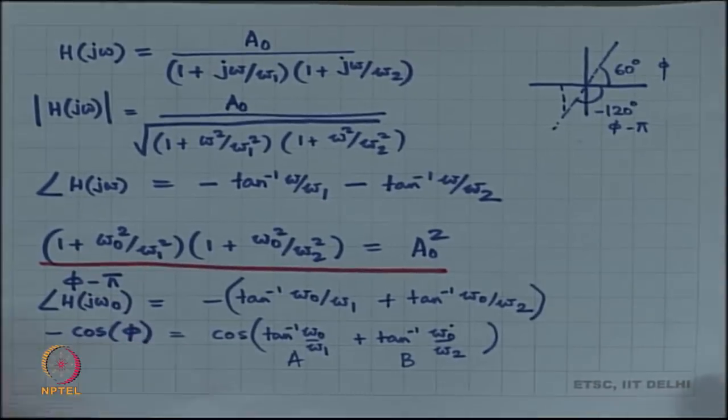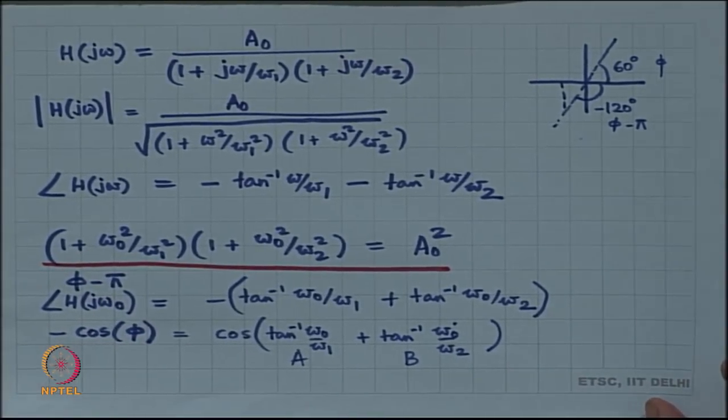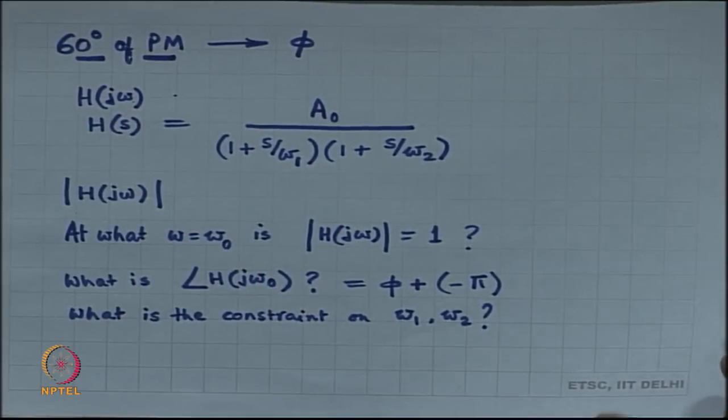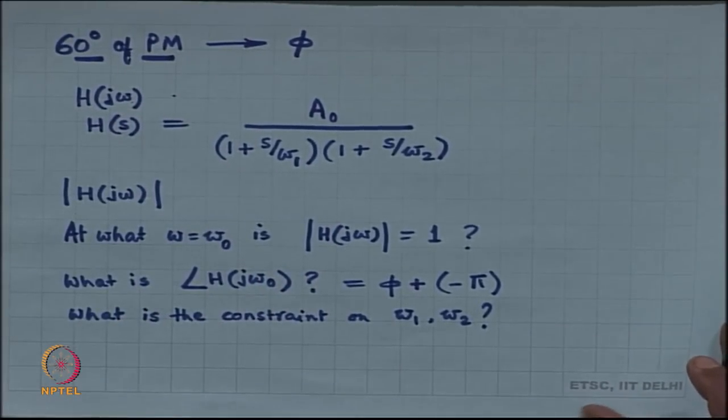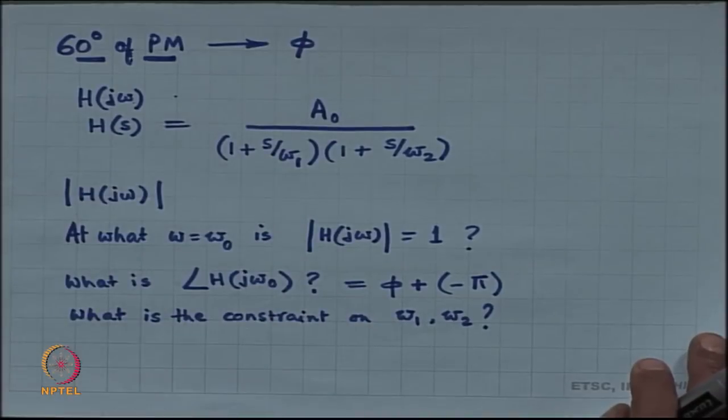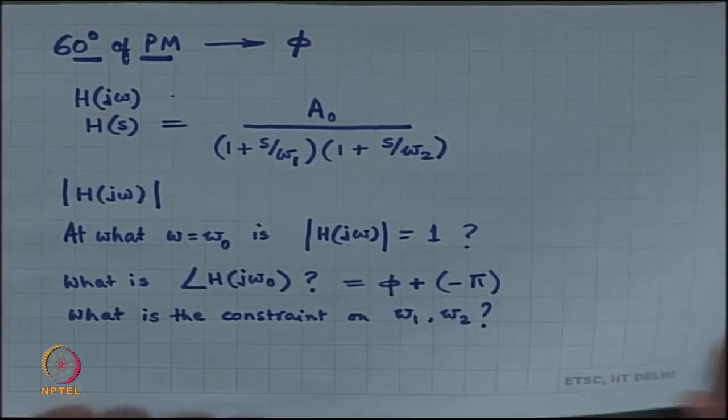And where has this come from? From nothing, from some transfer function. I have assumed nothing, no assumptions have been made, right. All that I have said is that this transfer function has two poles.